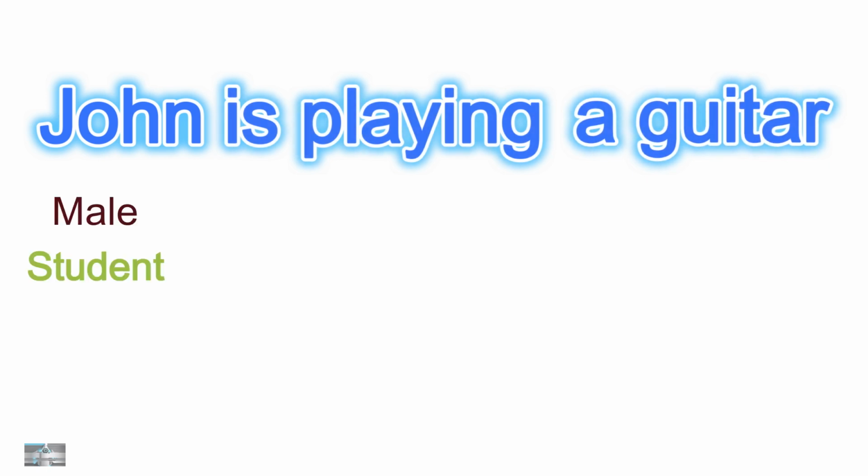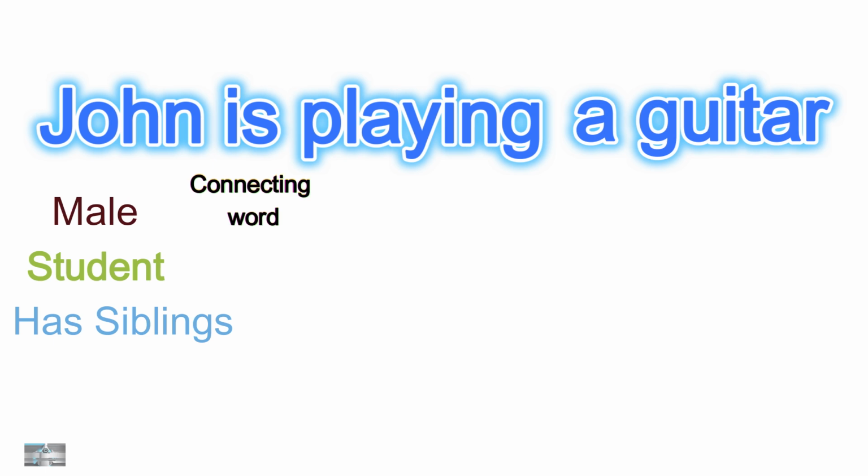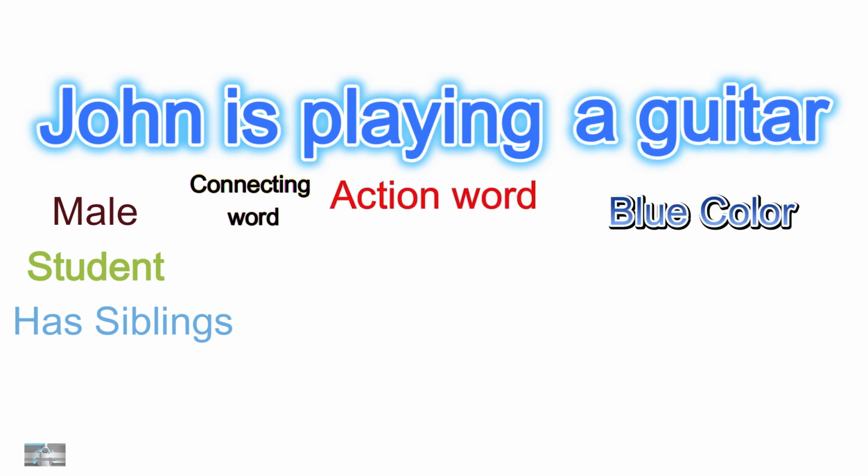We can basically describe John in several parameters. We can say John is a male, John is a student, John has siblings. So likewise, we can give as much information as needed for making each word unique in its own way.